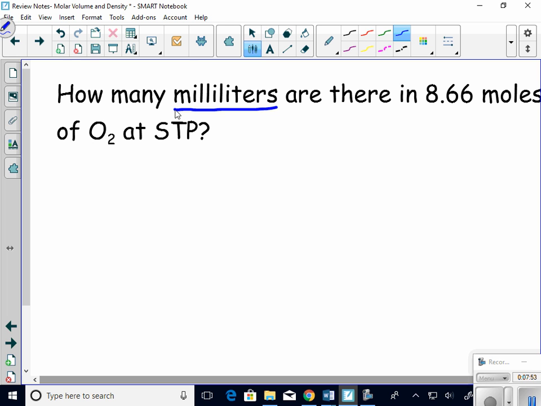We haven't been talking about milliliters. You could do this a couple of different ways. What I do, folks, is I know that 22.4 liters is equal to how many milliliters? How many milliliters would 22.4 liters be? Anyone? Anyone good at metric conversions?